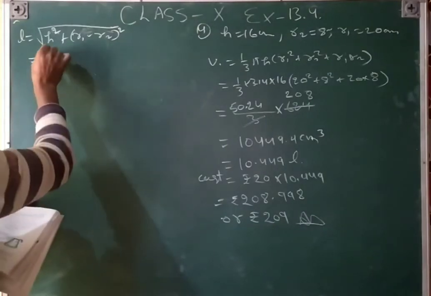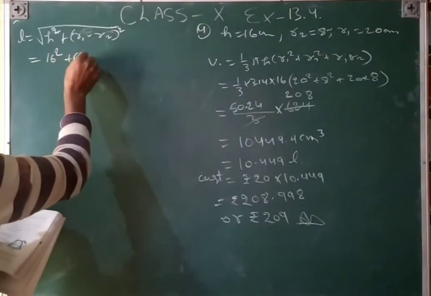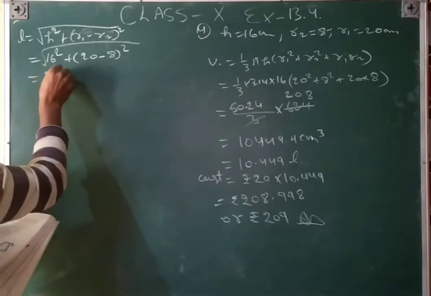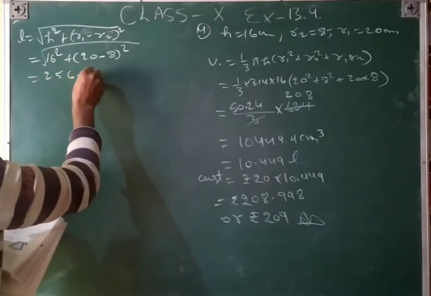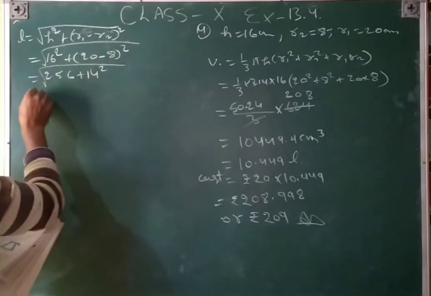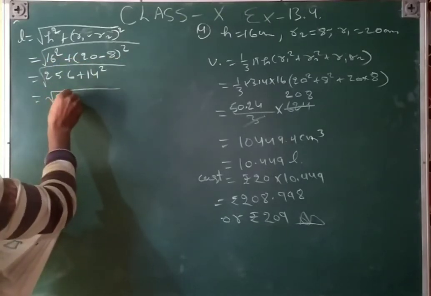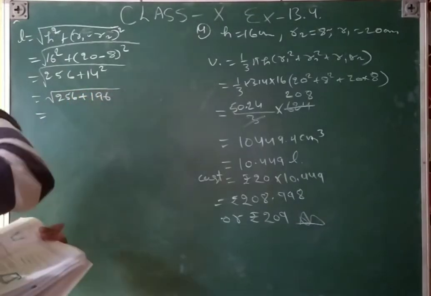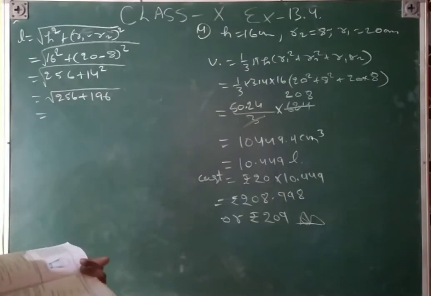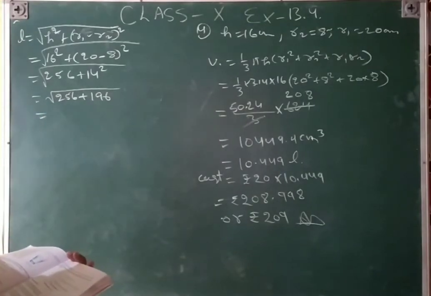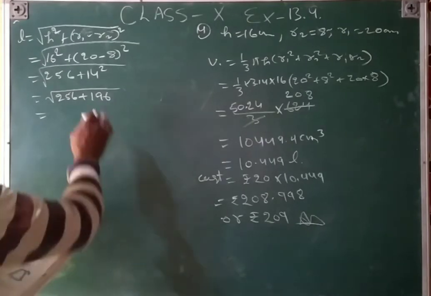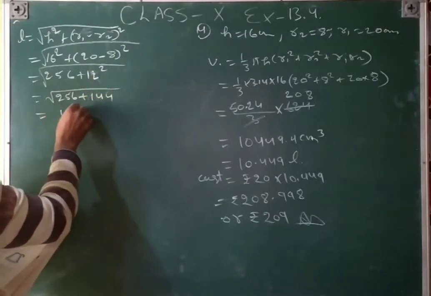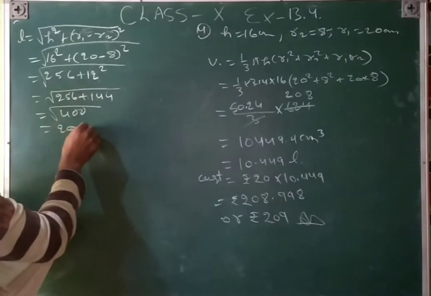So h is 16 square and then plus R1 is 20 minus 8 square. 16 square is 256 and then plus 12 square, that is 144, that will be 400. So under root of that this is the 20 centimeter.